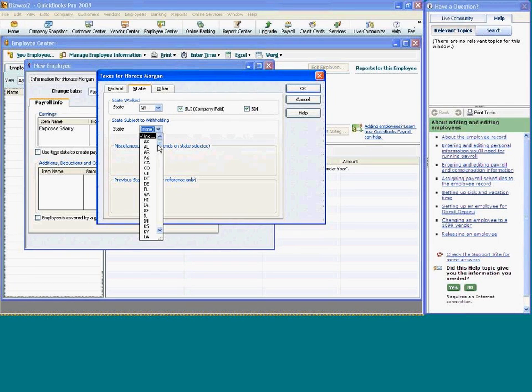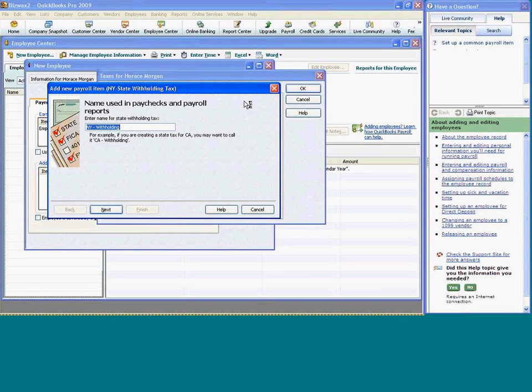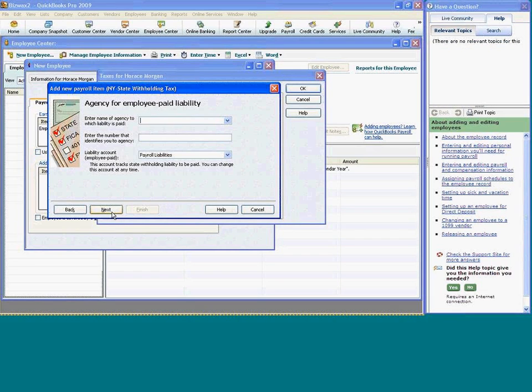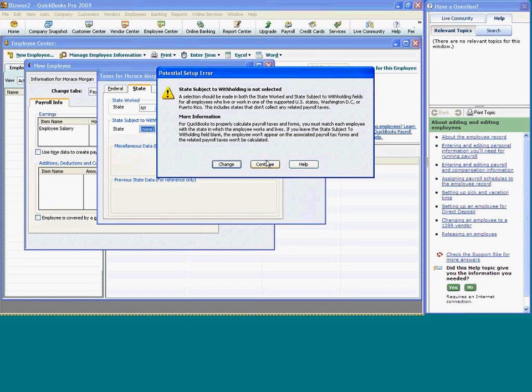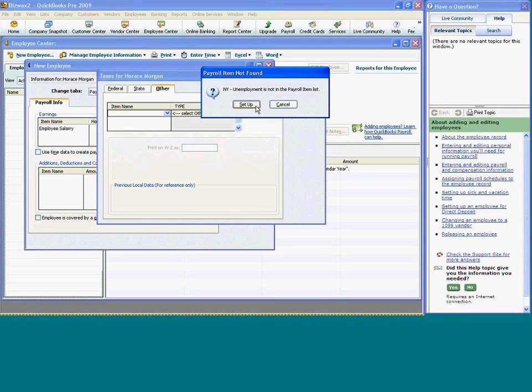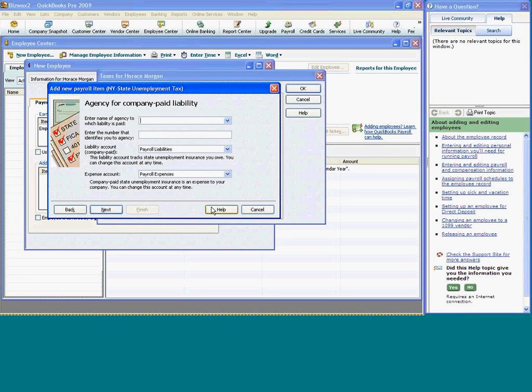State subject to withholding, yes. State is New York. And then other payments are made. Continue. And so the idea is that's the paychecks for the state unemployment payments.